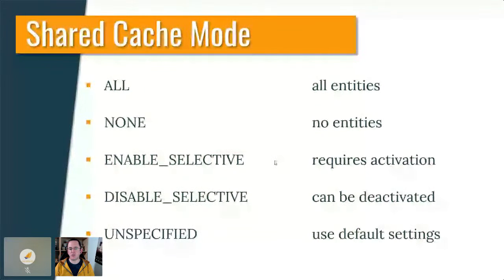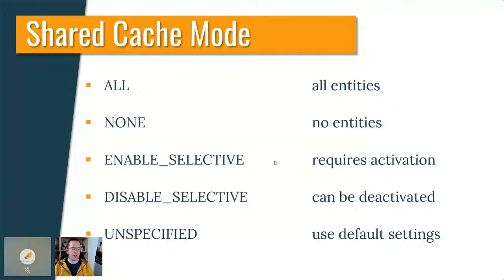I think enable selective is less error prone. I hopefully think at least for a few seconds before I add the caching annotation to the entity class. And without doing that, the entity will not be cached.